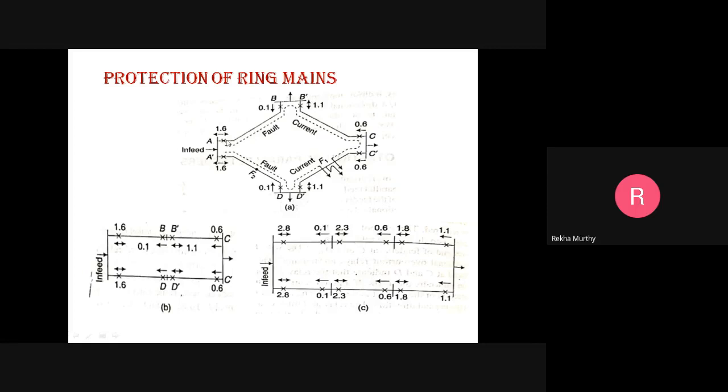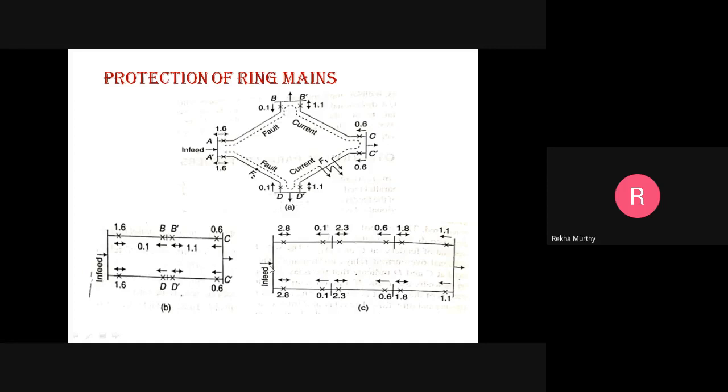If you assume that so many seconds of time will be taken to trip this relay, then 1.6 for the A is almost the highest value of time, consumed at the source end itself compared to the load side. That you have to make sure. And also the remaining relays like B, C, and D, the value of the time grading should be less compared to that assigned at the source side.